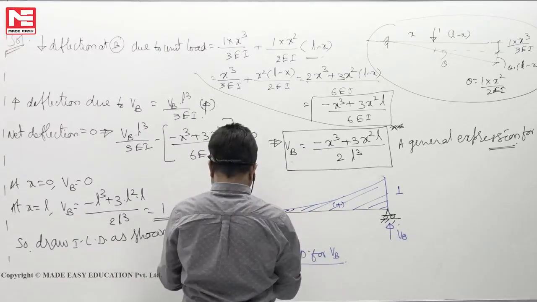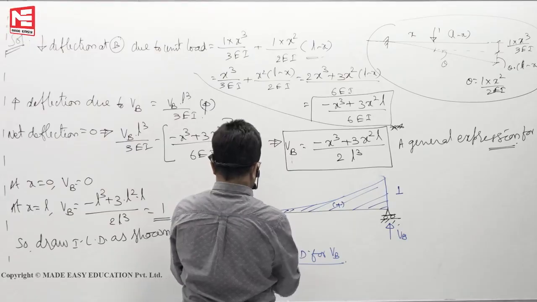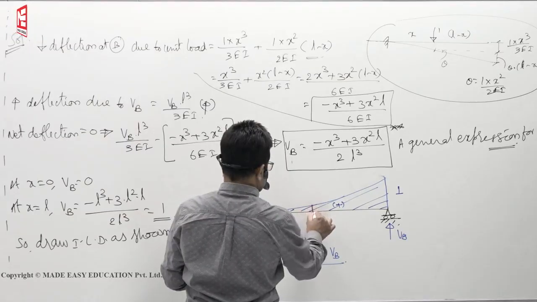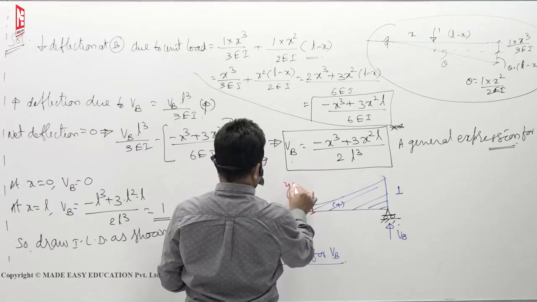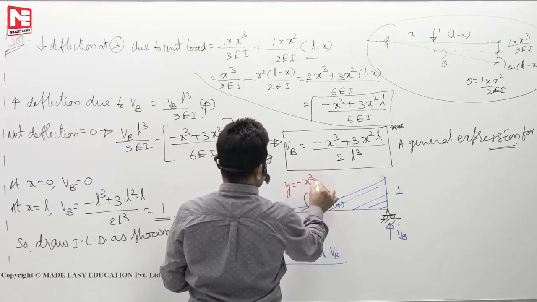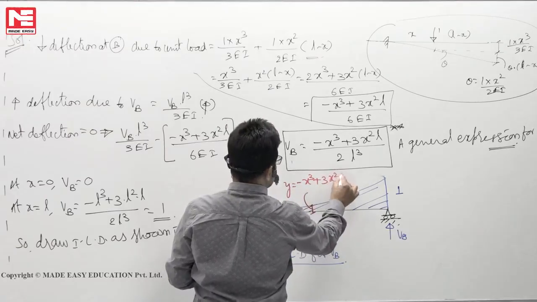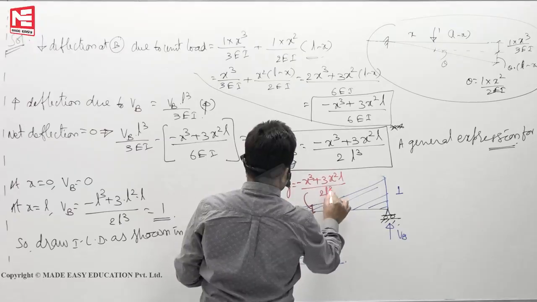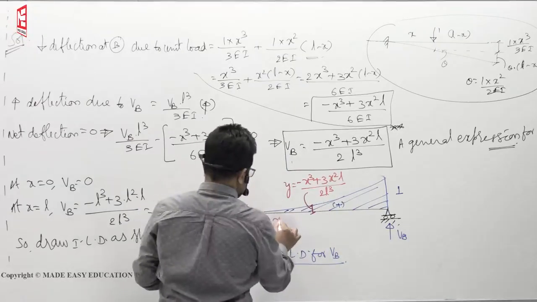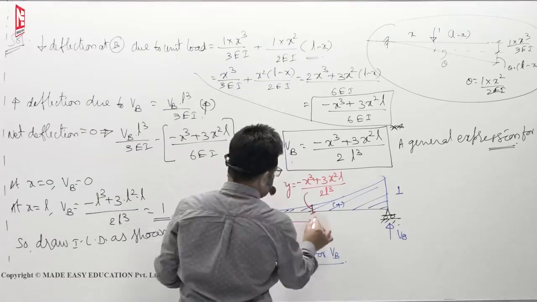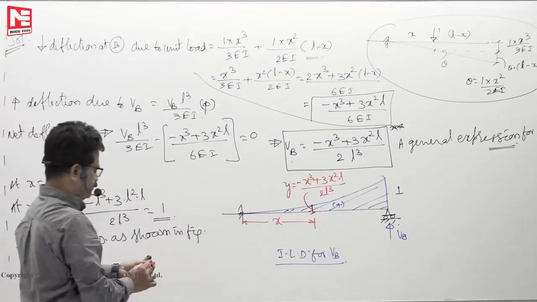Now this is the ordinate. If you want to find the ordinate here, the y value is equal to minus x cube plus 3x square L by 2L cube. This is at a distance of x. At a distance x, y is so much.